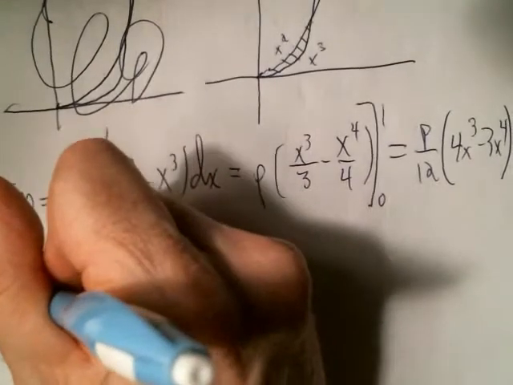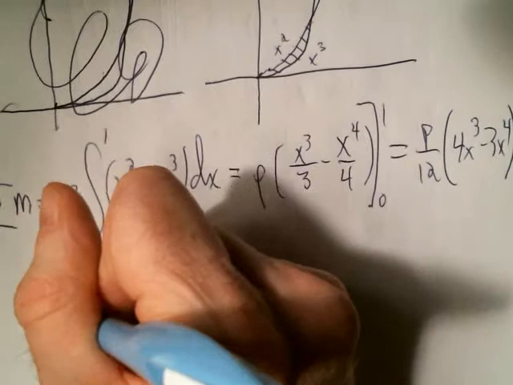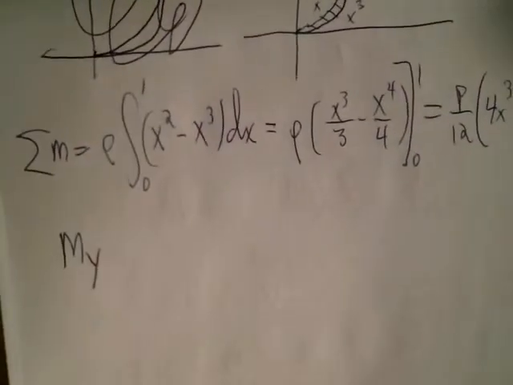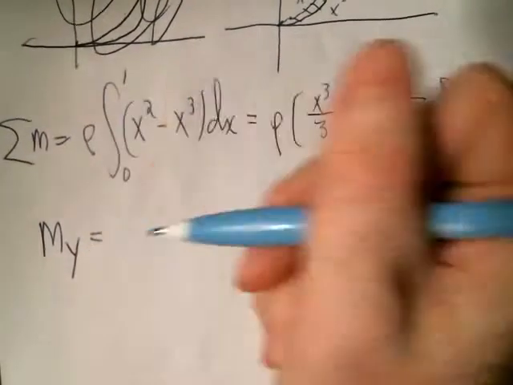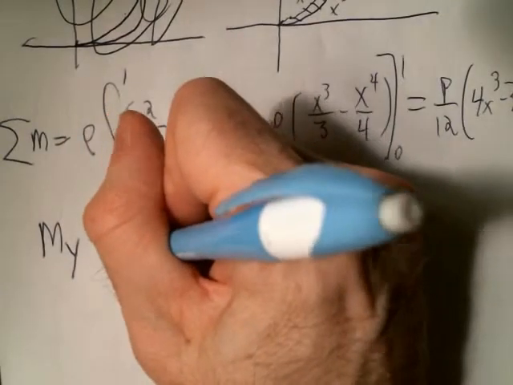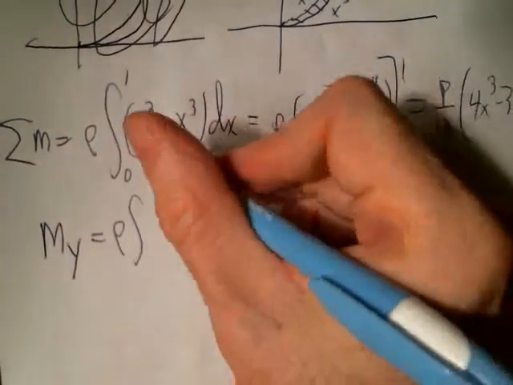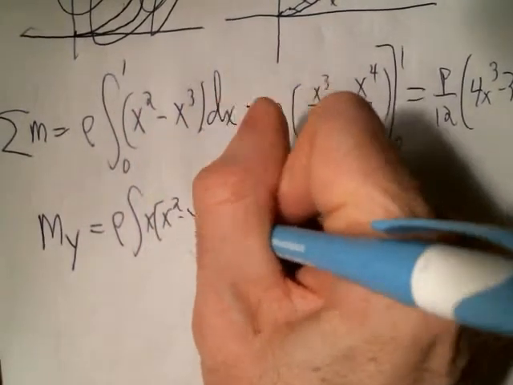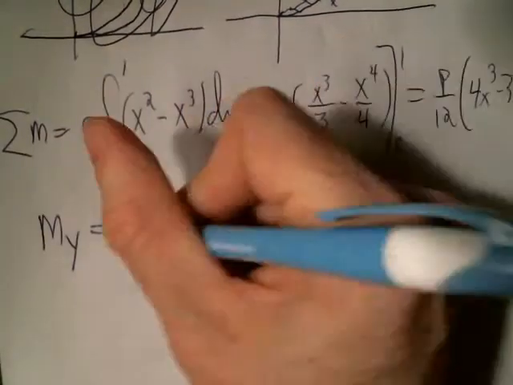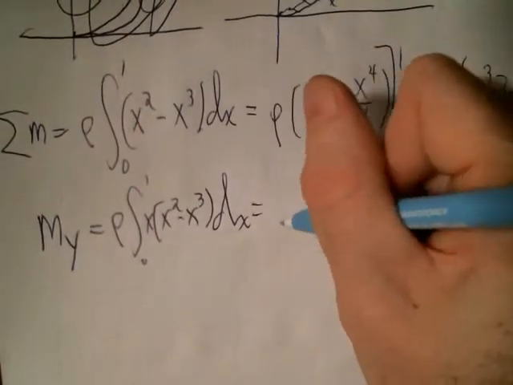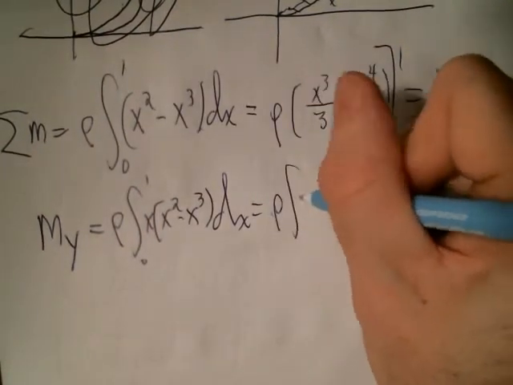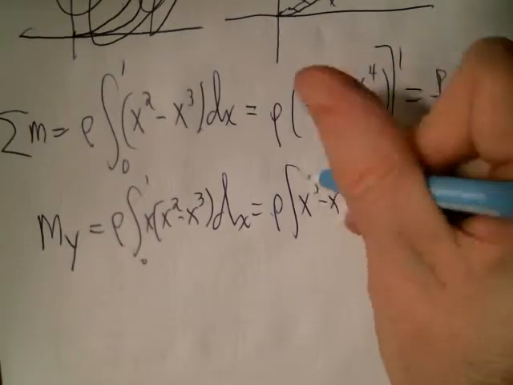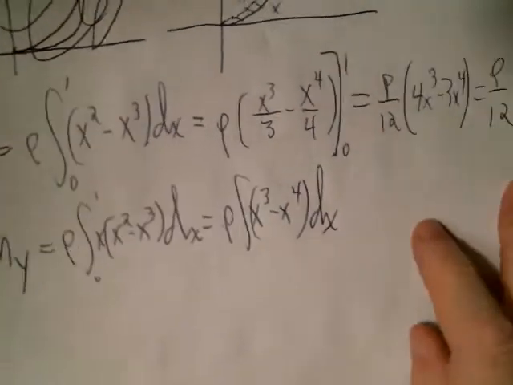Let's go after now our moments about the x and y axes. So the moment about the y axis, you're multiplying by x. So it's just this junk multiplied by x. So x times that dx, and then again from 0 to 1. So I'll have rho times the integral of x cubed minus x to the 4th dx.